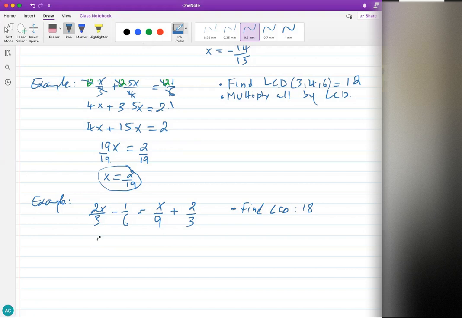Let me rewrite the equation here. You want to leave your first equation intact. You don't want to touch it just in case you want to go back to it. So I rewrote it. All right, first step, good. We found the LCD. What do we do with the LCD now? What do we do with this number here, the LCD?